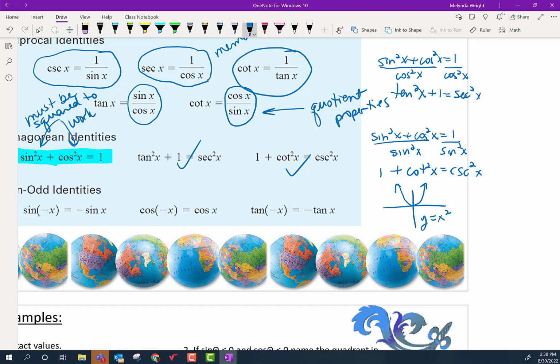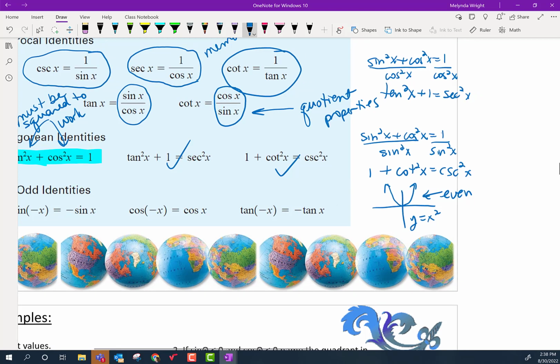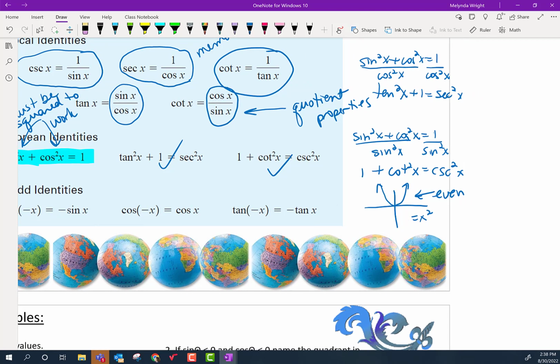If you recall from last year, this is an even function. Why is this an even function? There are two ways to test it. One would be to look at the graph. Even functions are symmetrical about the y-axis, if you recall from last year. And also, let's call this f of x equals x squared.